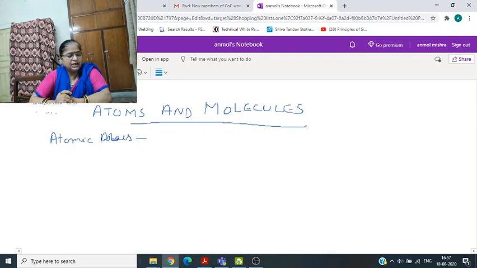Now, with carbon-12 isotope, we calculate how many times the atomic mass of the element is heavier than the atom of carbon-12 isotope.